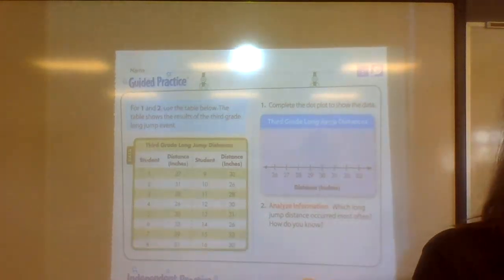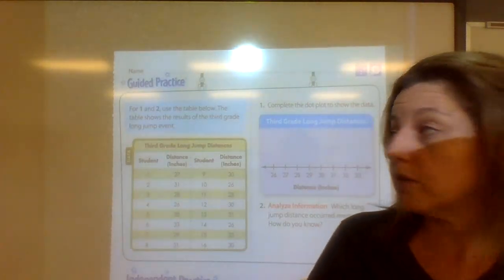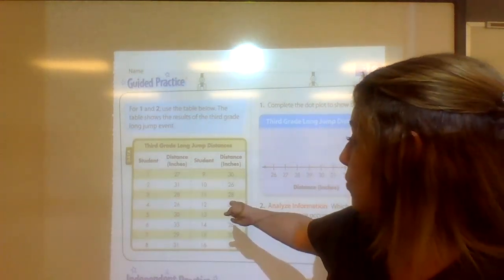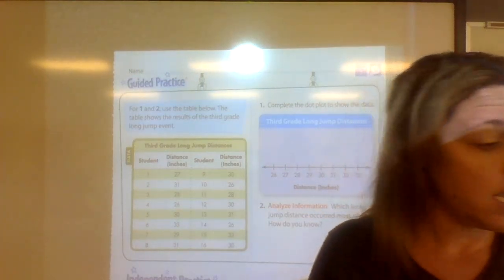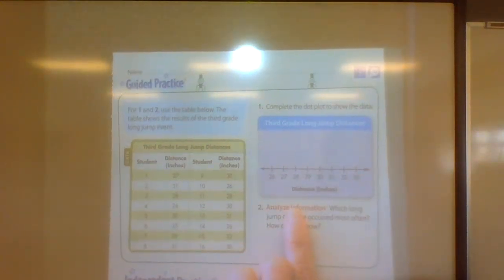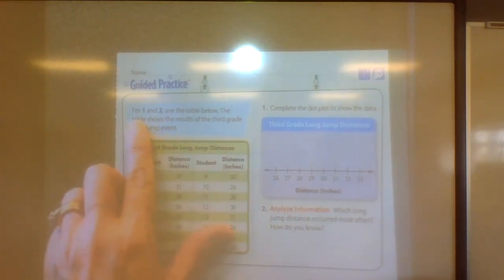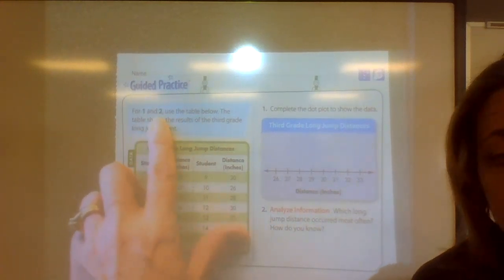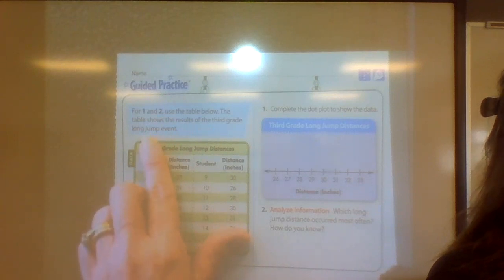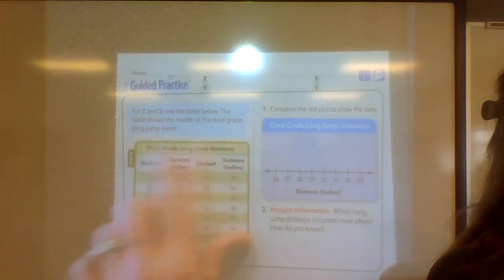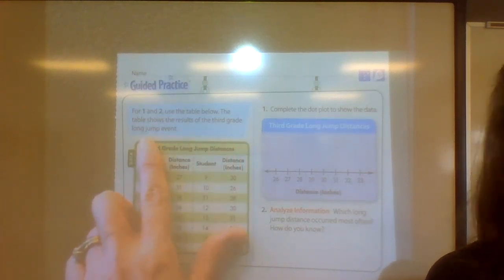Page 847 and 848 should be in front of you. And we're going to look at number one. And if you look here, it says for 1 and 2, use the table below. The table shows the results of the third grade long jump event.